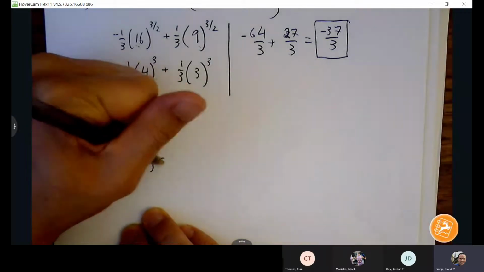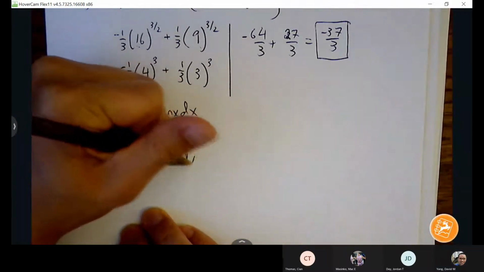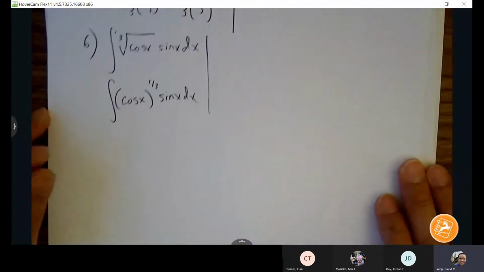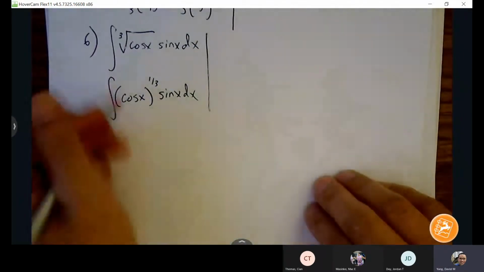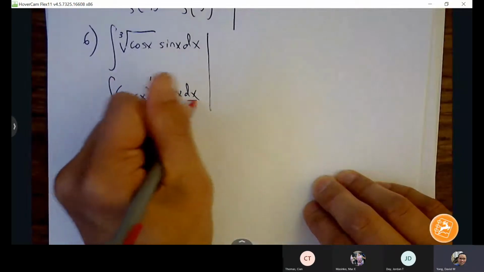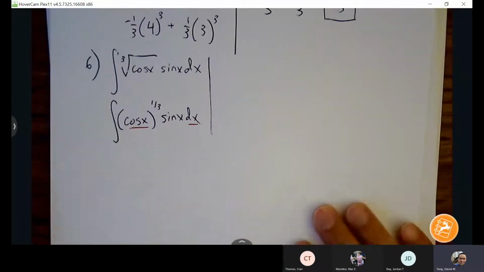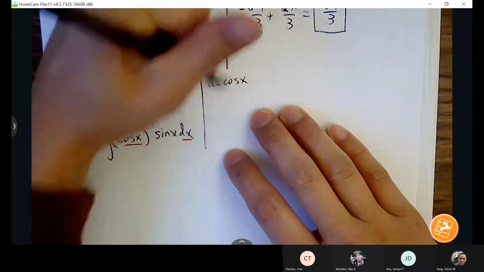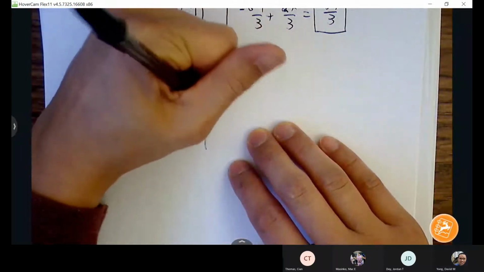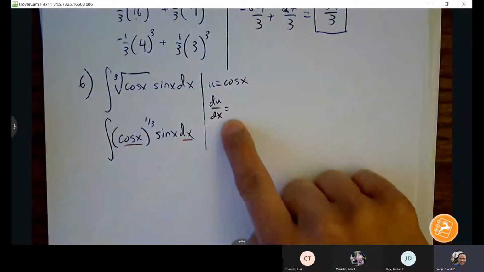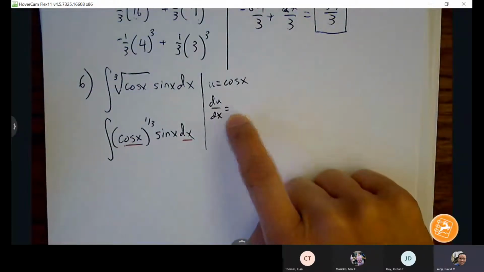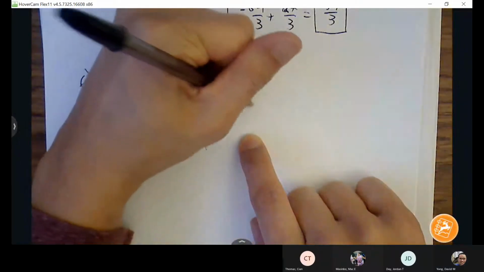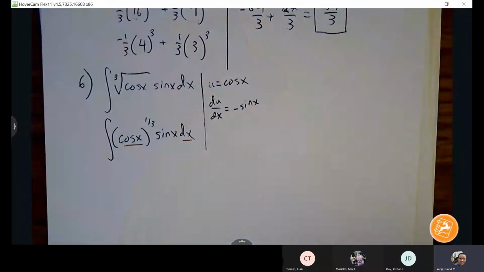Let's rewrite the problem and see if we can pick off the U value. Okay, what's our U value? Okay, derivative of cosine is negative sine, right? Negative sine. Put that over 1.